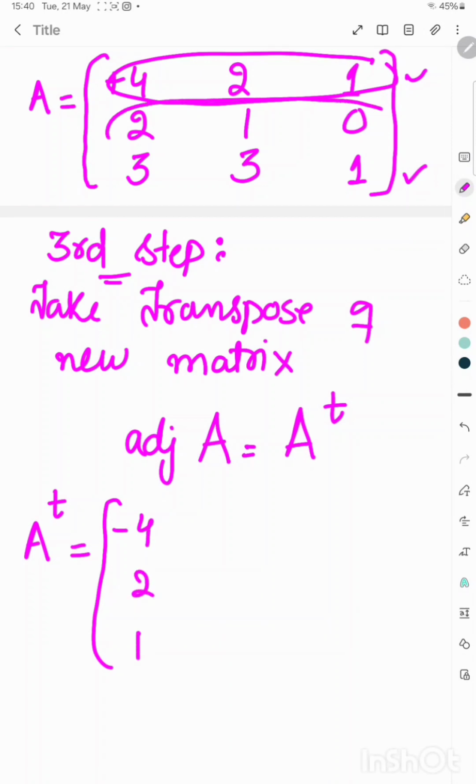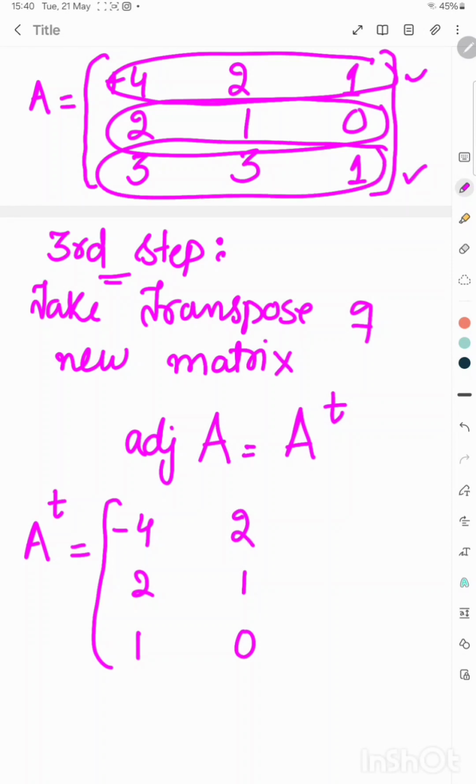Now the second row is this one, and I will convert it into the second column, so it will be like this. The third row is this one, and this will be converted into the third column like this. So student, as you see, that is how we convert the matrix into a transpose matrix: when we take the transpose of a matrix, the rows will change into columns.